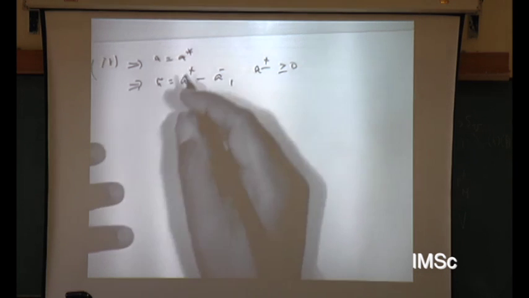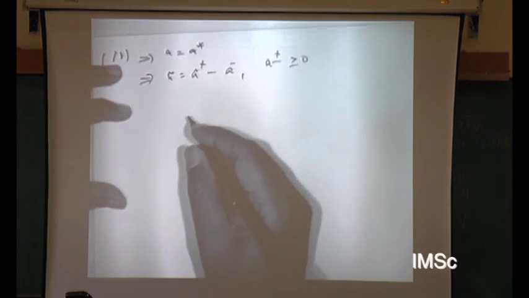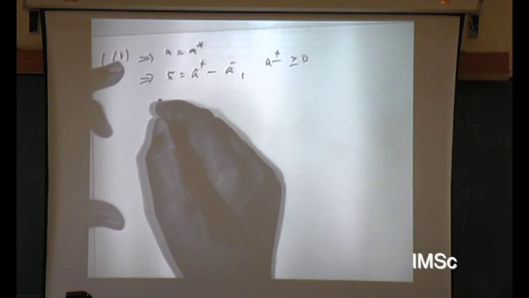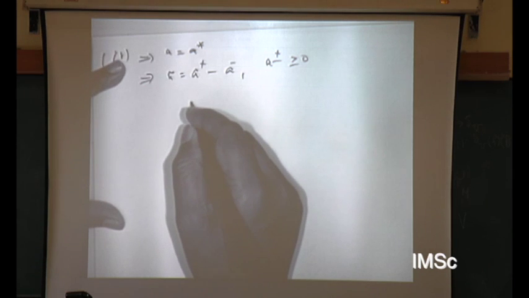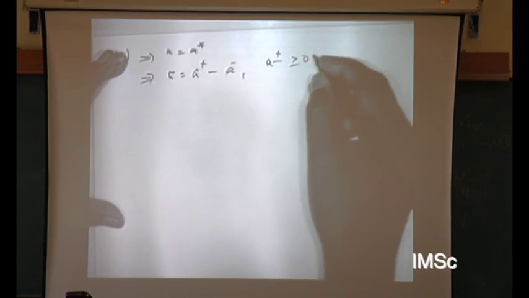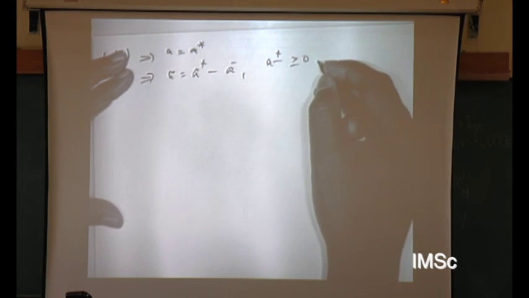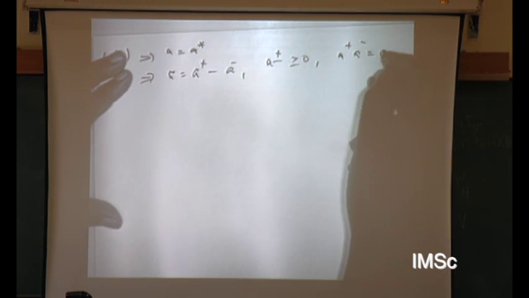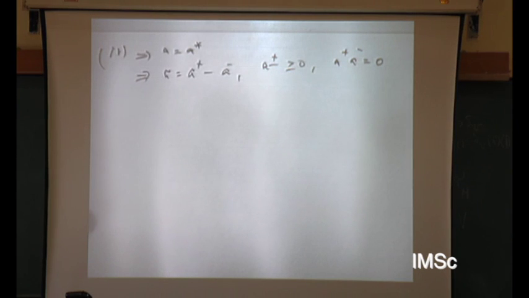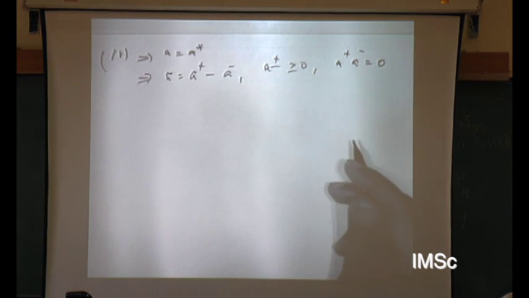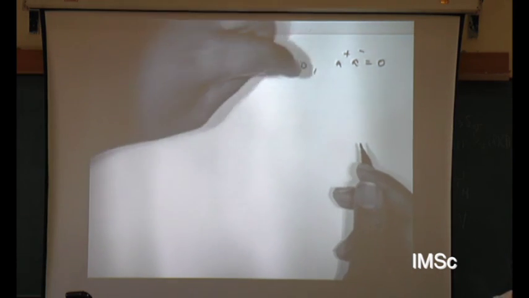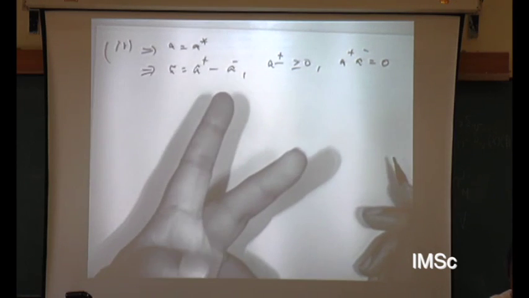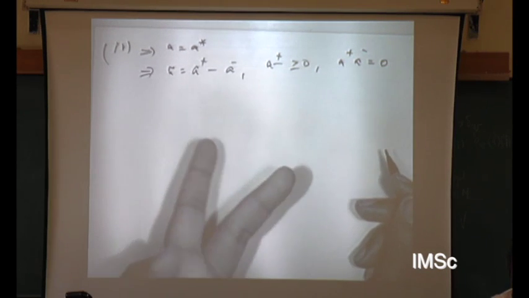Okay. But then notice the following thing. On one hand, they are not just positive, they are actually disjointly supported. I can even write the other way by taking adjoints of this equation, because everything is self-adjoint.